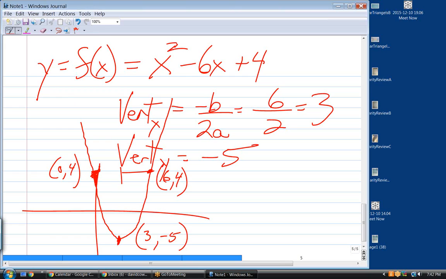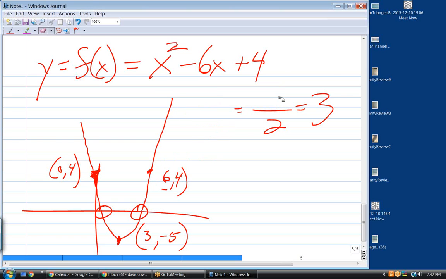But let's say I wanted those 2 points in addition to the vertex. Well, okay, then I've solved for the vertex. Now I set it equal to 0 and solve for these 2 points. Well, what are those points going to be? I know this does not factor, so I'm going to have to use the quadratic.